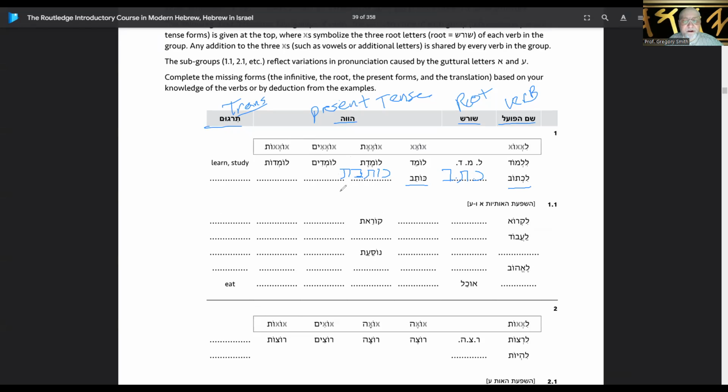So I'm going to do it down here. You have a kaf, and then a holem, a tav, a vet, a yod, and a mem sofit. I'm pretty sure that's how it is. Kotvim. Probably just kotvim. Yep, kotvim. And then this one would have kotvot.